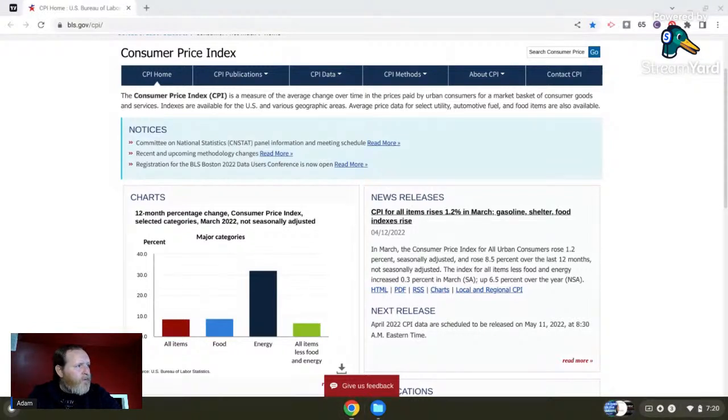CPI is next Wednesday, May the 11th. That's when the report comes out. Right now, I see no expectation on a number. And then the PPI, which is the producer price index, that's also related to CPI.